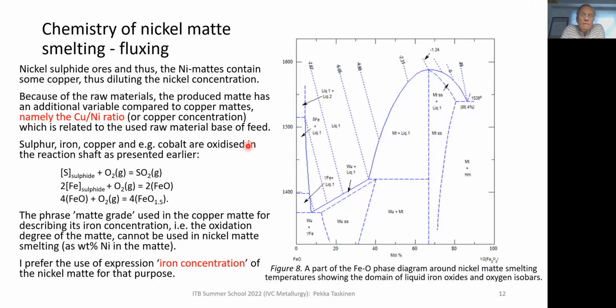So in addition to these slag fluidity problems in the pure iron oxygen silica system, we now have additional components in our smelting system, and the most influential is the MgO, magnesium oxide, concentration of the feed mixture, and also to some degree, but not very strongly, the forming copper to nickel ratio of the matte.